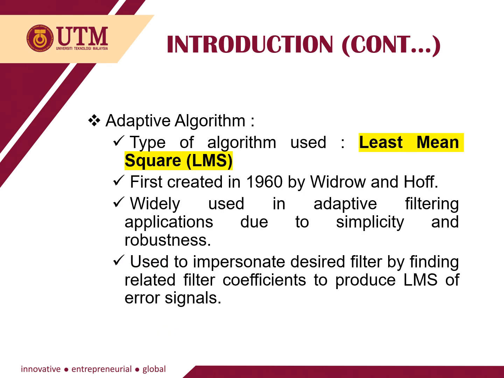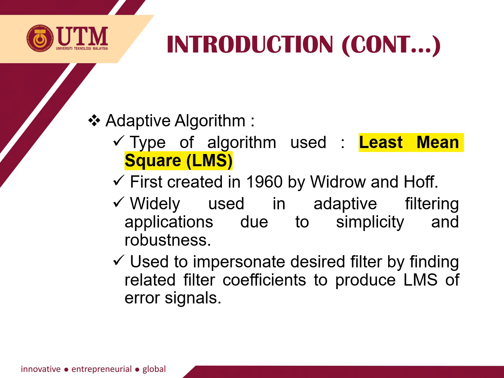So the next part is the adaptive algorithm. This adaptive algorithm refers to the LMS algorithm as I mentioned just now. This algorithm was created in 1960 by a professor from Stanford University named Widrow, together with his student Hoff.